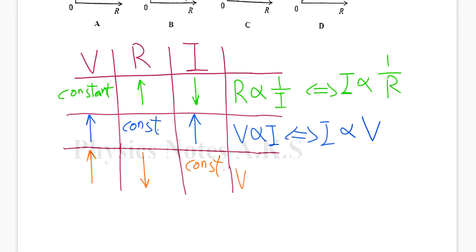I can say that V is inversely proportional with R. Okay? Notice that I said inversely because I put 1 by R, right? And vice versa, I can say R, resistance, is inversely proportional with the potential difference. Okay? All the relations here will be linear. Okay? Because one of them is constant and also at a constant temperature.